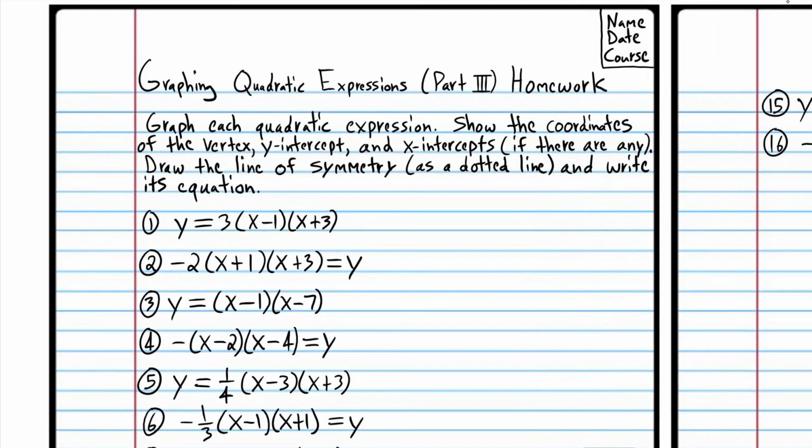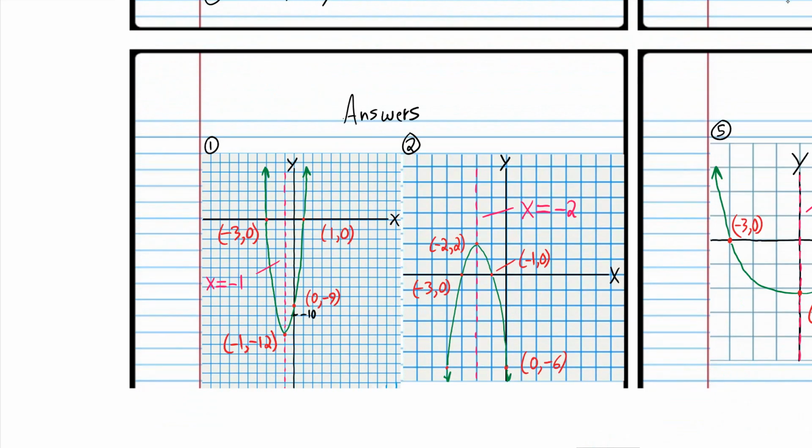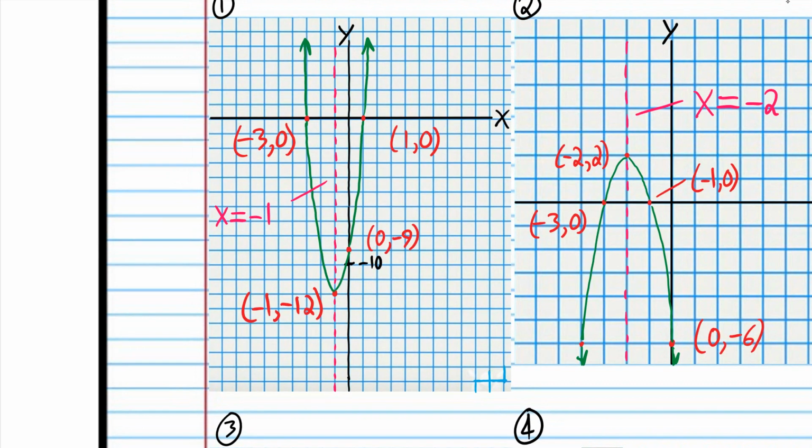And when you do the homework, be sure to follow these directions carefully. For each problem, I want you to find the y-intercept and the x-intercepts if there are any. And of course, draw the line of symmetry and write its equation. And when you graph these parabolas, I want you to use grid paper. That's the paper with these blue squares.